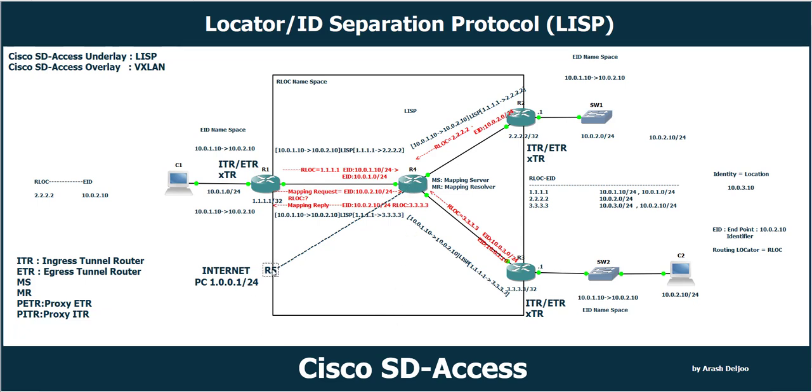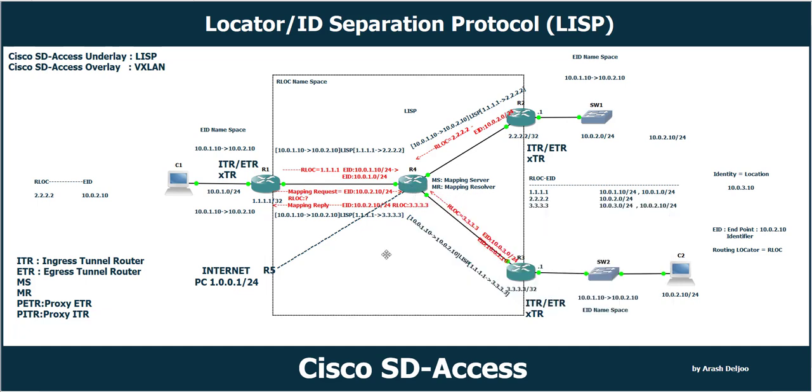You know that one of the functions of the ETR, the egress tunnel router, is registering the IP addresses, the endpoint identifiers, into the mapping server. You want to send traffic to R5 and then it will forward it to the internet. This ETR doesn't register the internet networks or internet EIDs to router 4.